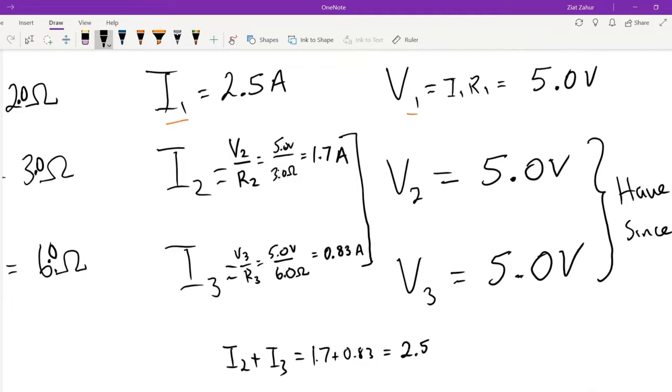When you add and subtract, remember you're supposed to use the least amount of decimal places. So the least amount of decimal places is 1 decimal place. So it rounds to 2.5, which is perfect, right?